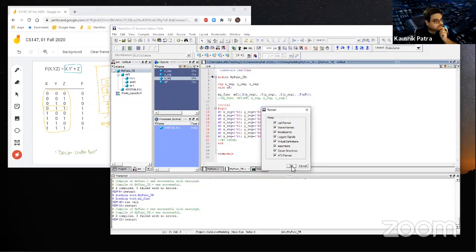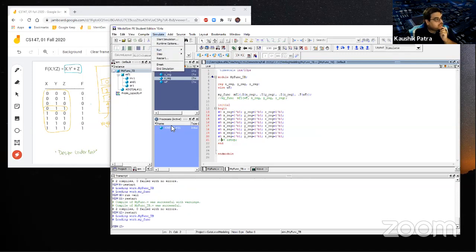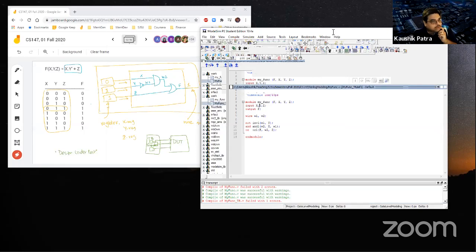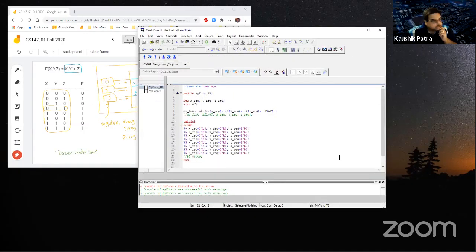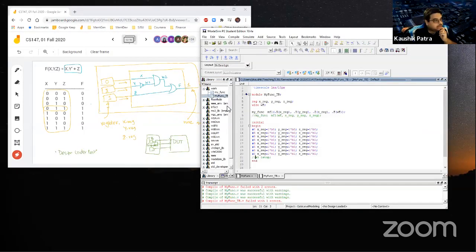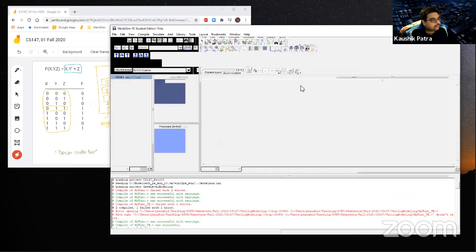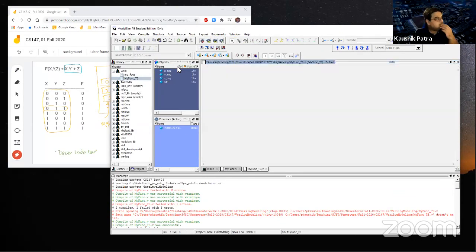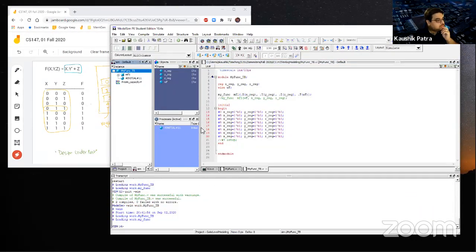Reset. Okay, let's do one thing. End simulation. Okay. And reload. Okay, let's make sure we save this whole thing. Compile all. Load the functions. And hit run all.